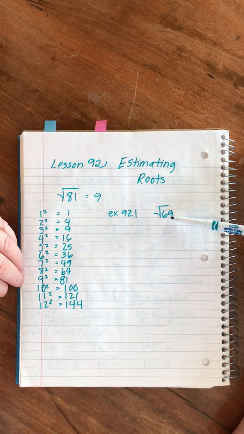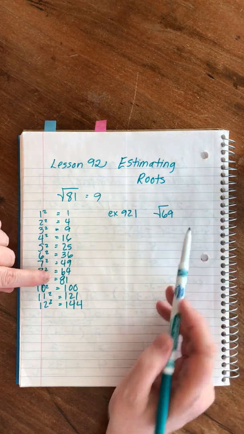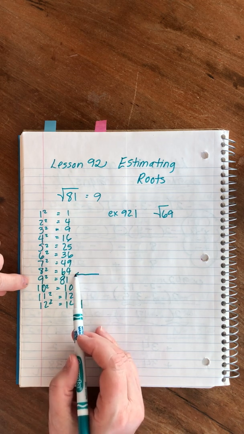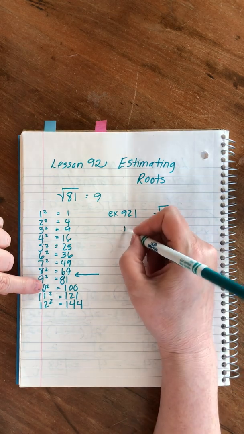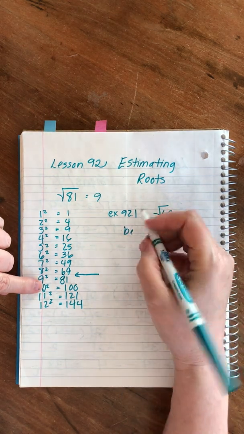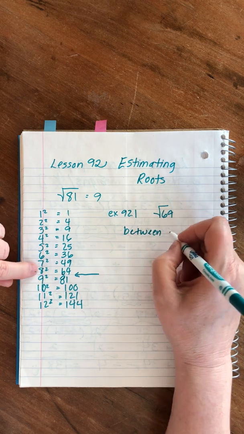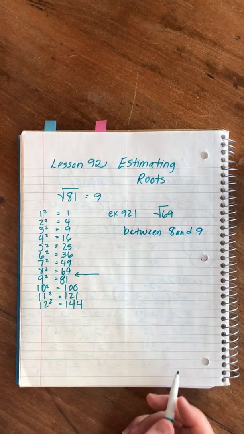So what we do is we compare the number inside the radical to our list of perfect squares, and we look to see where it goes. 69 falls right here. It falls between 64 and 81. So the square root of 69 is going to be between 8 and 9. That's all we're looking for as an answer.